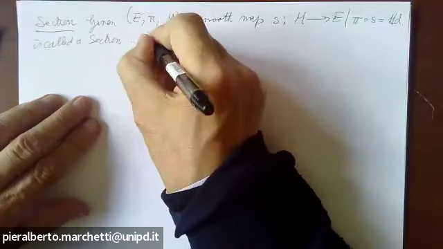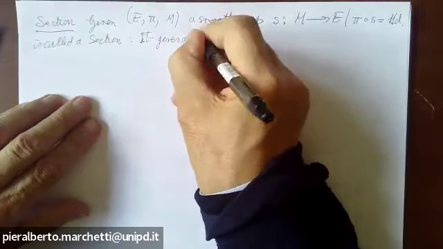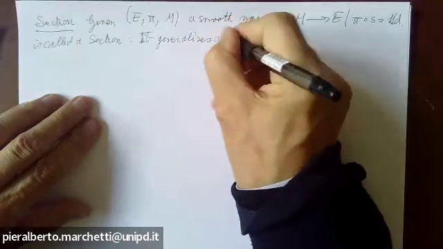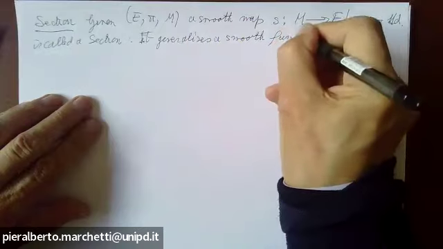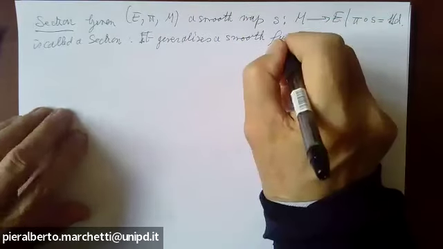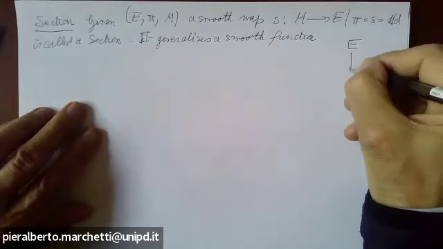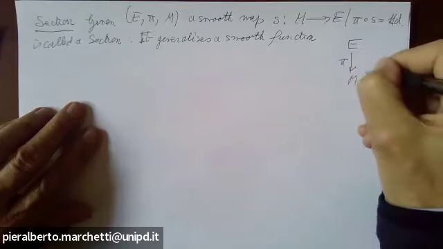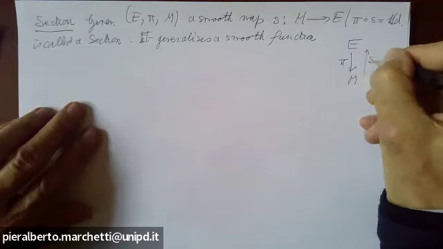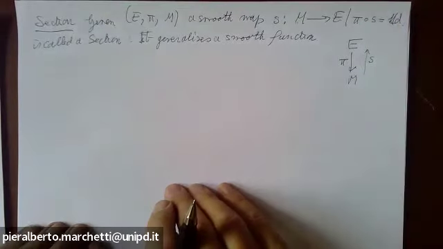And a section generalizes a smooth function. So let me see why. Usually you draw it like this: E projected down into M by projection π. And now you find some map s which goes from M to E and satisfies this property.